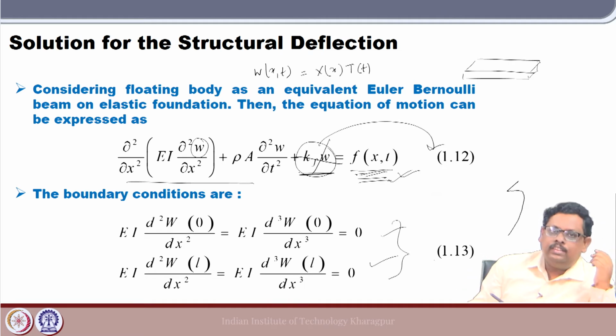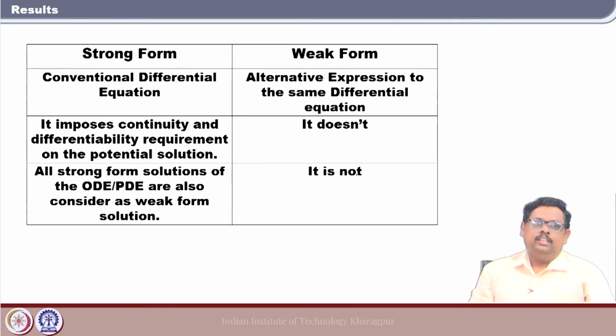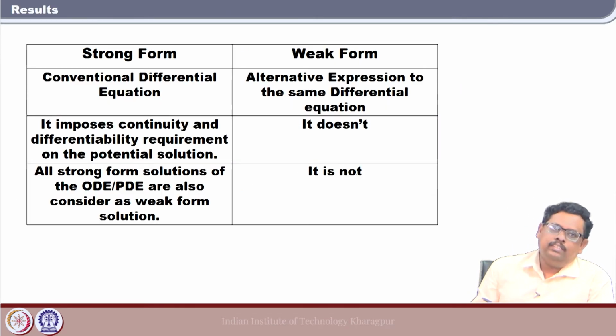There are many ways you can do. Popularly, there are two: you can call one the strong way of solving the problem, or sometimes you can solve in a weak form. Now let us see what the difference is between a strong form solution and a weak form solution.